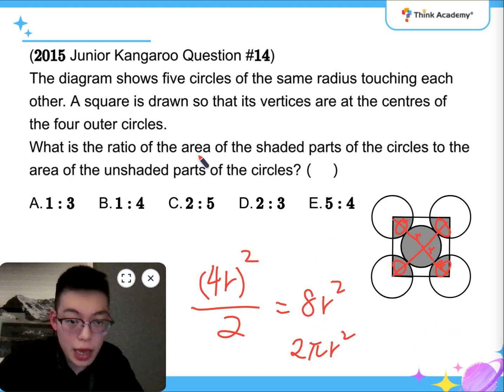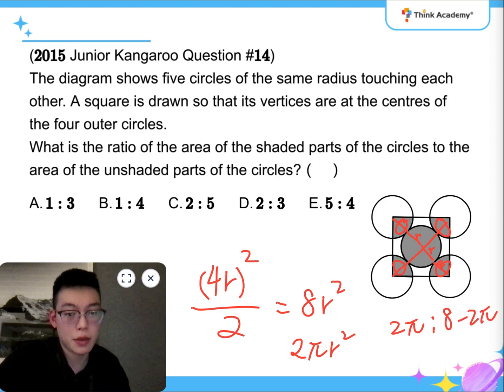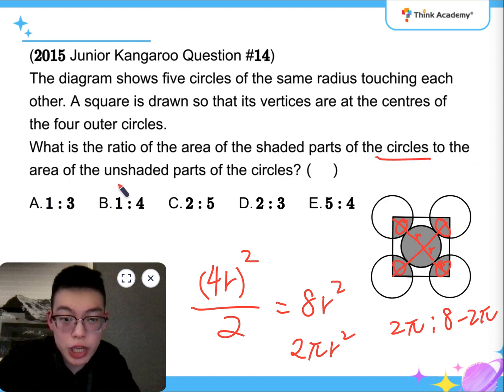So the area of shaded parts to the area of unshaded parts is going to be 2 pi to 8 take away 2 pi. Shaded parts of the circles to the unshaded parts of the circles. I see. So it's not about the square.